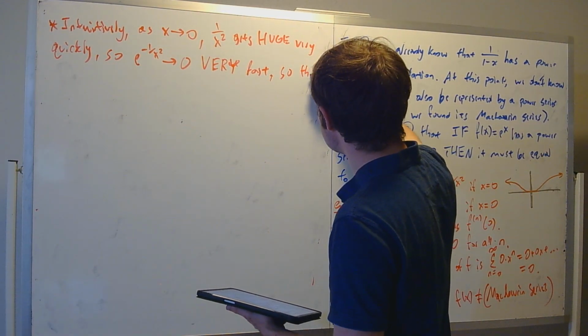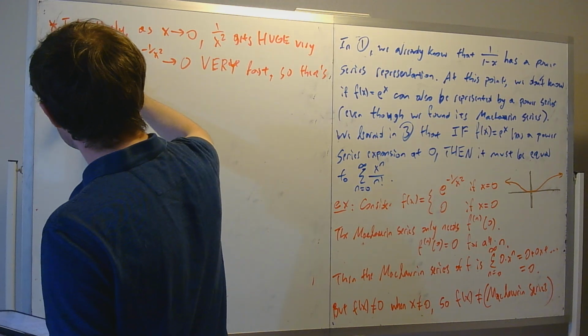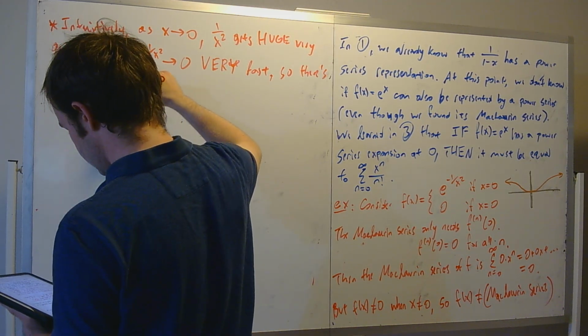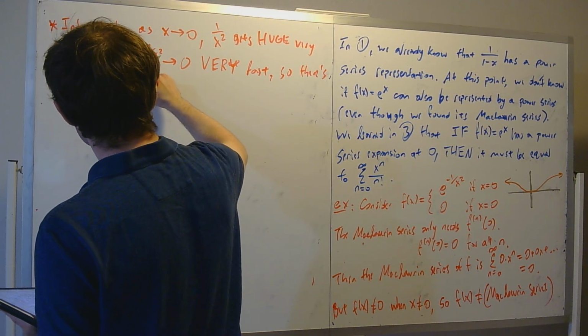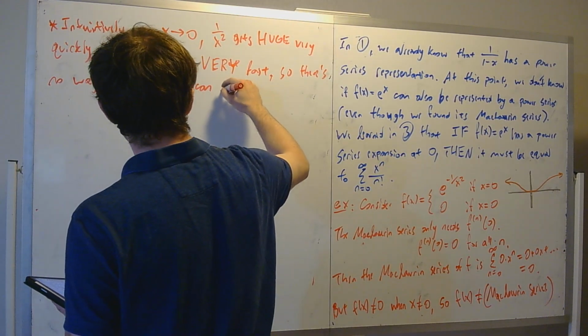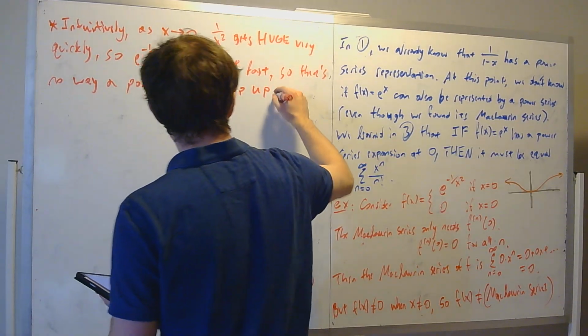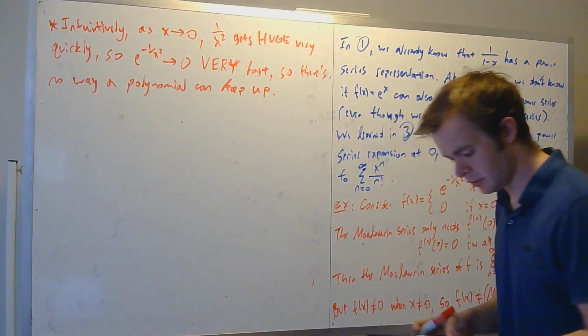So there's no way a polynomial can keep up. Right, so that's kind of why you would think it should be true.